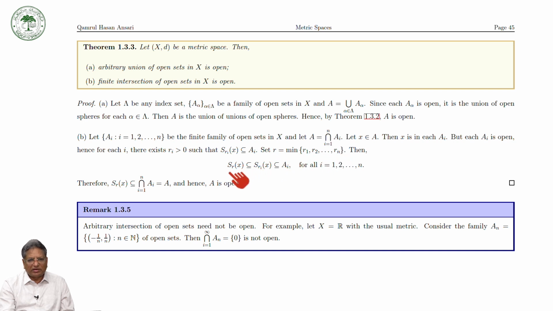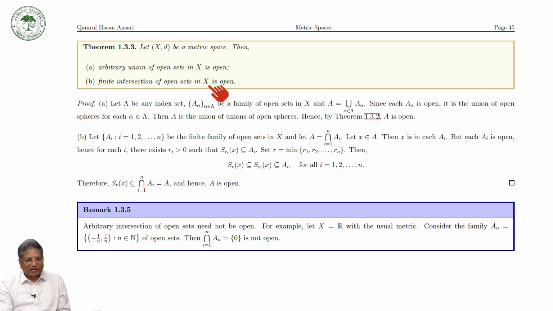Then we see that S r x is a subset of S r i x, and S r i x is a subset of A i, and this is true for all i running from 1 to n. So this open sphere with center at x and radius r lies in the intersection, and therefore A is an open set.